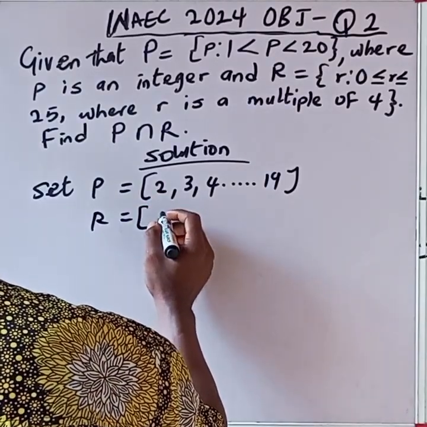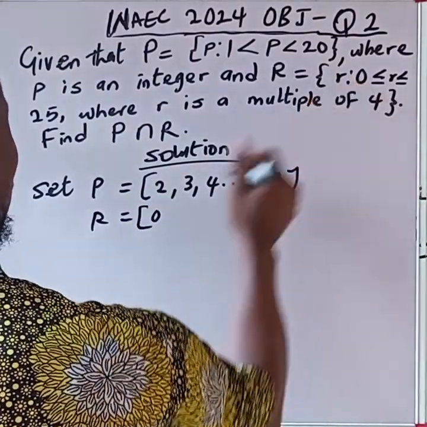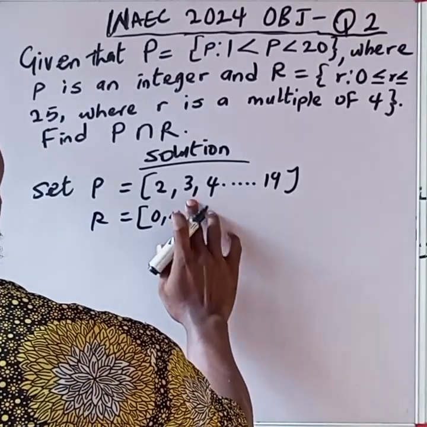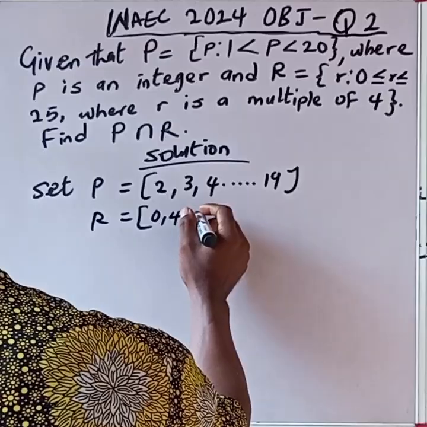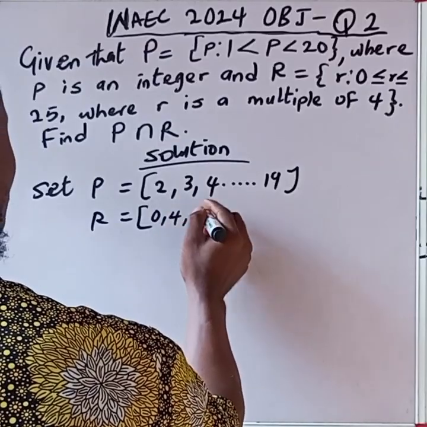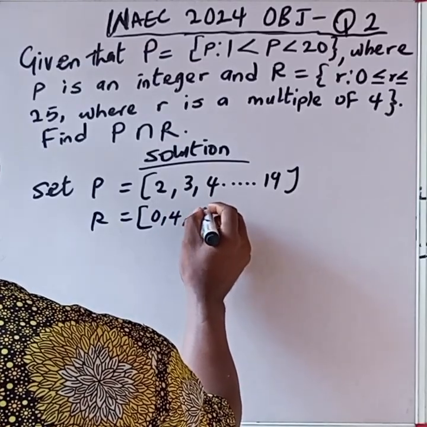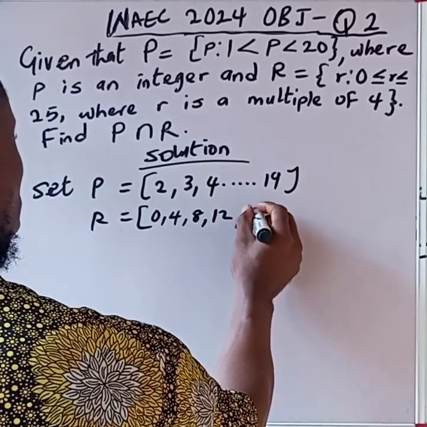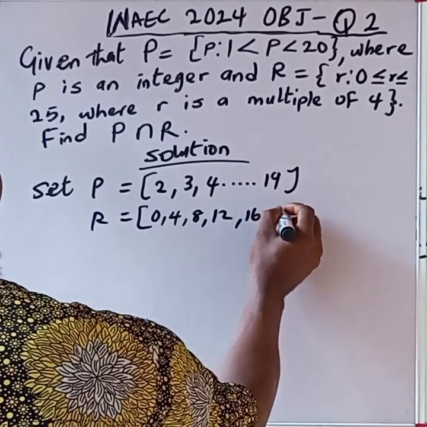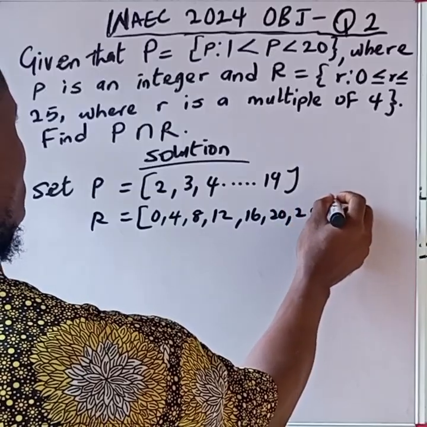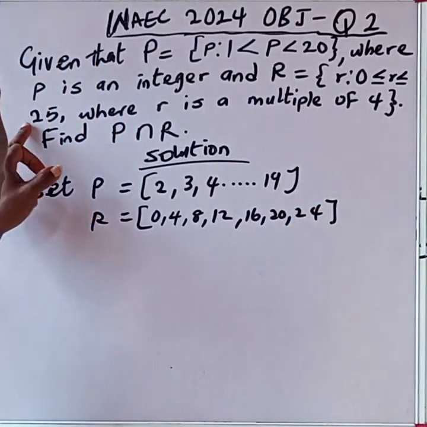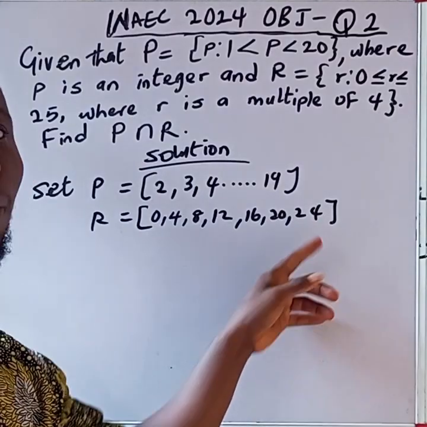So we are going to have 0 from this 0, then 4, 8. Okay, multiples of 4. After 4 we have 8. 8 plus 4 will give us 12. 12 plus 4 will give us 16. Plus 4, 20, 24, and so on. Alright, so since they gave us the limit to 25, we are going to stop at 24.